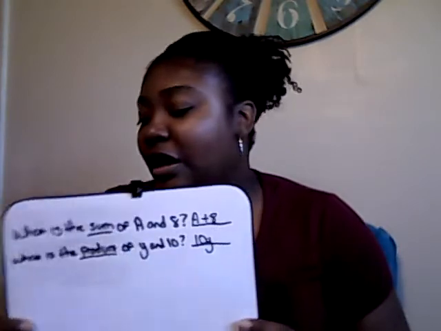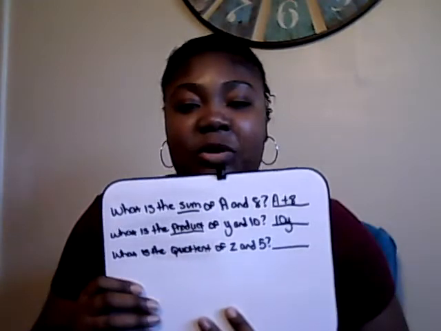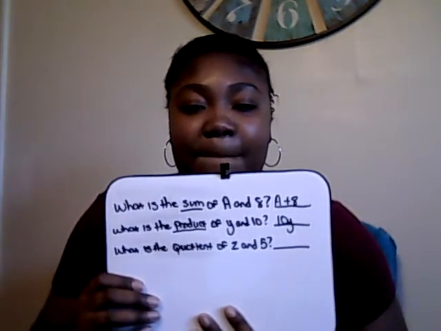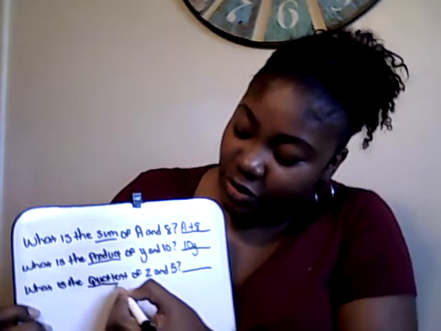Okay, all right, the next one is, let me turn it this way to continue writing because I'm a lefty. What is the quotient of Z and 5? Can you tell me what the keyword is in this one? If you said quotient, ding ding ding, you are correct.